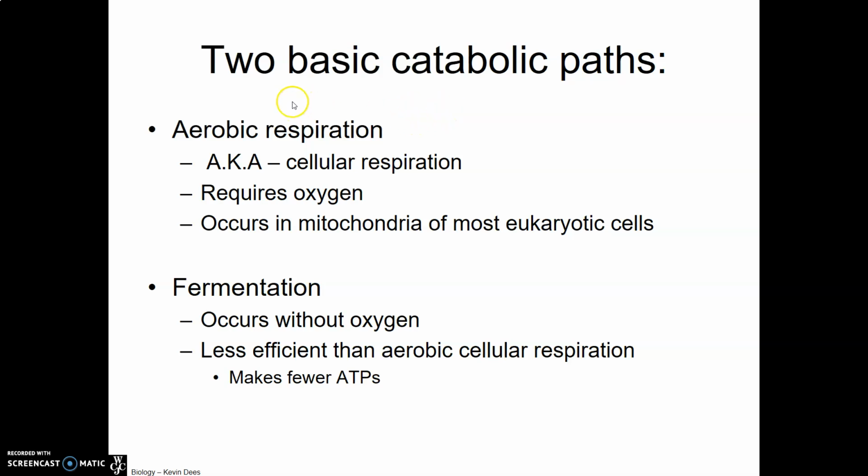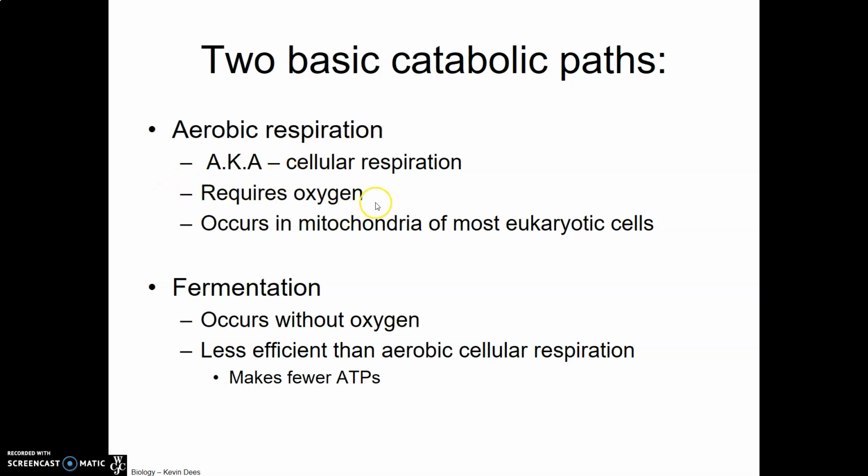And these are aerobic respiration, which is also sometimes called aerobic cellular respiration, and fermentation. Now, the two pathways are similar in certain steps, but there are a large bunch of differences that we're going to be looking at, and one of the primary differences has to do with oxygen.